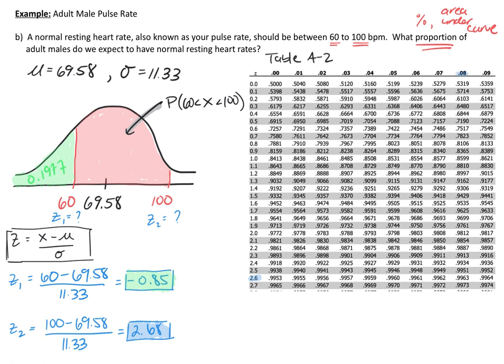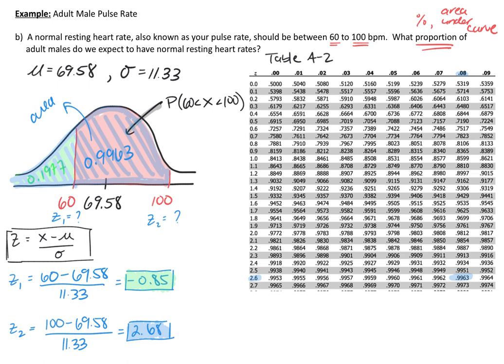We can see that the area to the left of a z-score of 2.68 is 0.9963. So I'm going to shade that. If you can follow along with me, the area that I'm shading in blue covers the area that's in green as well as the area that is in red. So that entire area in blue corresponds to 0.9963. But I need the area that's just in red.